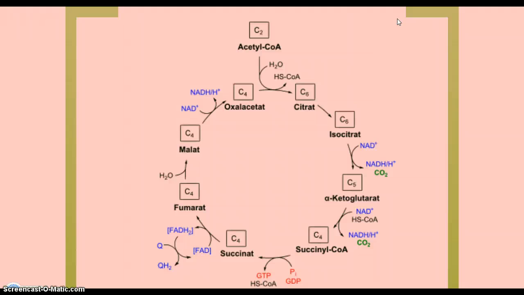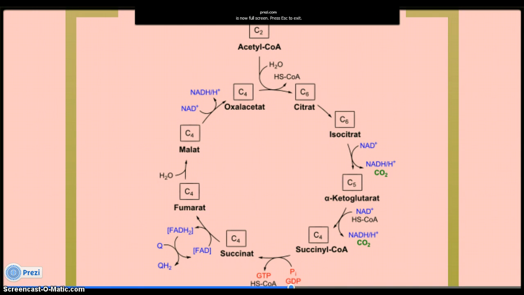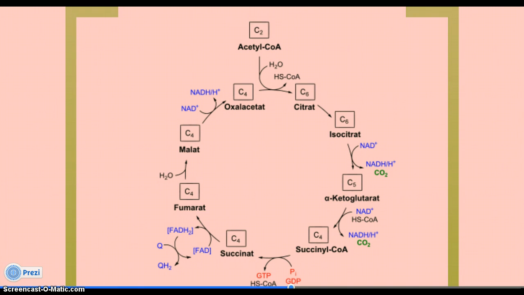The succinyl-CoA becomes succinate using another enzyme, and the succinate becomes fumarate using succinate dehydrogenase, which then, with the addition of water, becomes malate. And malate, using malate dehydrogenase, once again becomes oxaloacetate, which then combines with acetyl-CoA to do the cycle again.